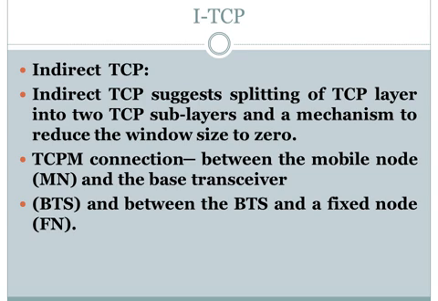And again, if we look at the different types of transmission control protocol mechanisms in mobile networks, we predominantly have three types, which are ITCP or indirect TCP, MTCP or mobile TCP, and something called snooping TCP.